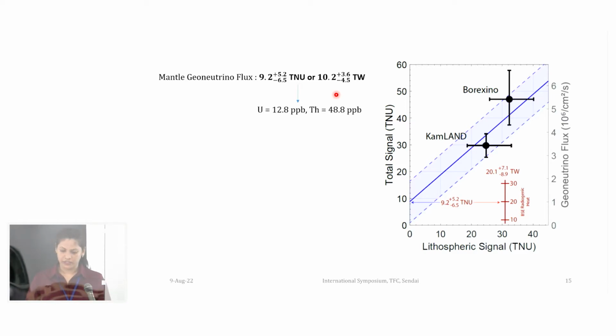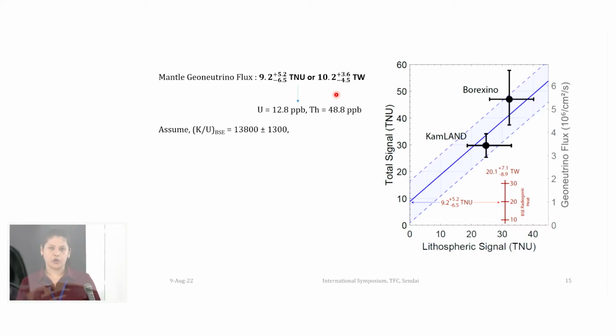So when we convert this information of terawatt towards the uranium thorium composition, it is around 13 ppb for uranium and around 49 ppb for thorium. Then we do not have potassium contribution so far in this geoneutrino flux, because as I said, geoneutrino flux will only be able to detect the neutrinos which are coming from decay of uranium 238 and thorium 232.